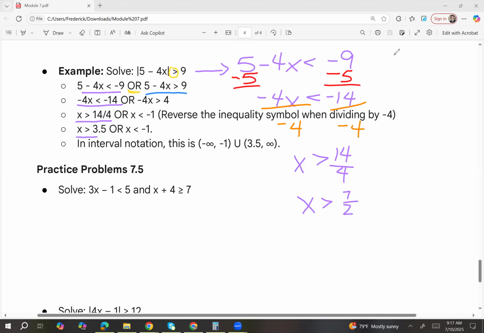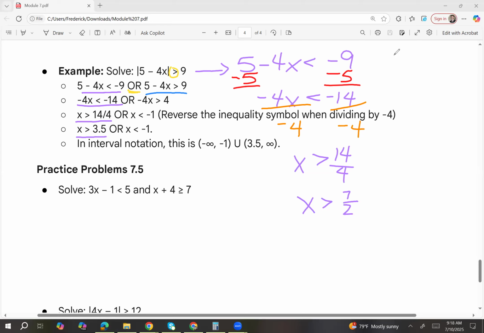Over here, you see 7 over 2 expressed as a decimal. But I'm going to continue and write it in this way because I want you to get comfortable with just leaving things as a fraction like this in simplified form. We would want to translate this to interval notation, but let's wait on that until we have the other solution to join in union with this one.